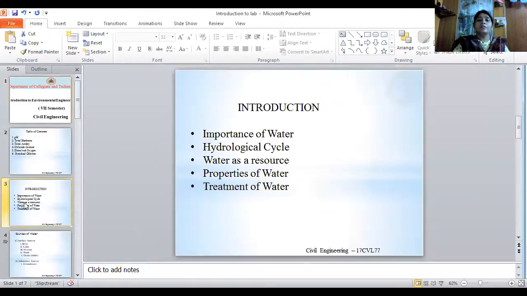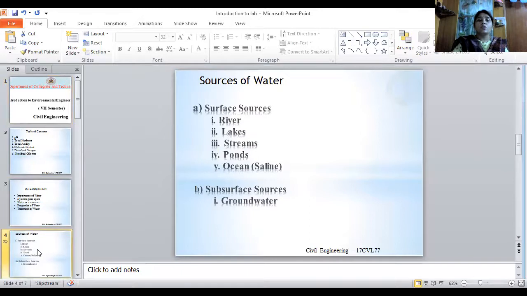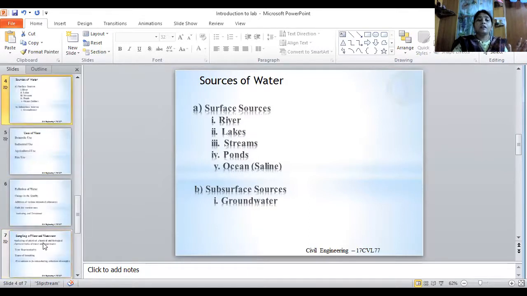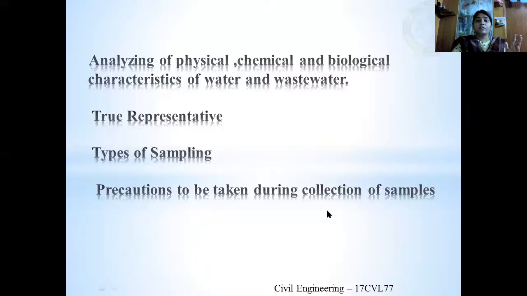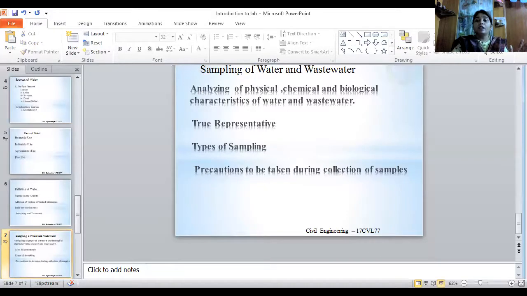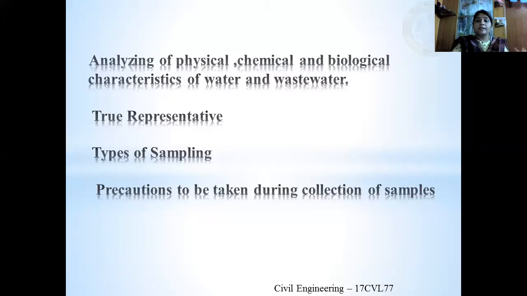So, in this way, this is source sampling. Then we go to different types where we analyze the parameters. Then we collect it with utmost care.